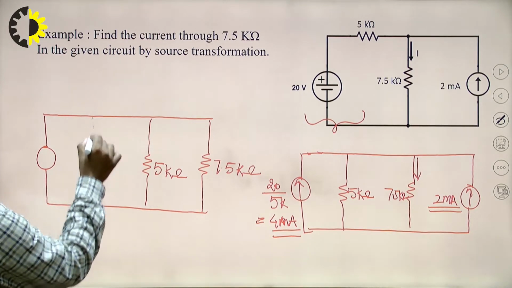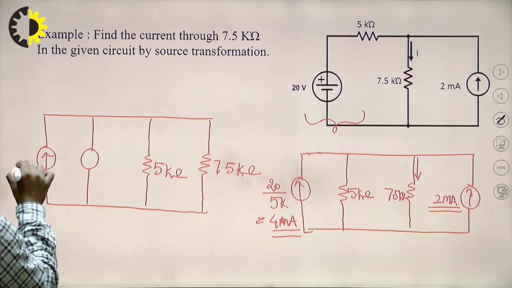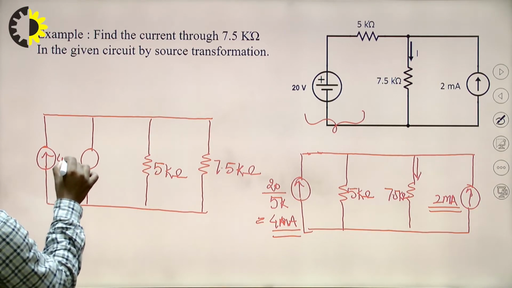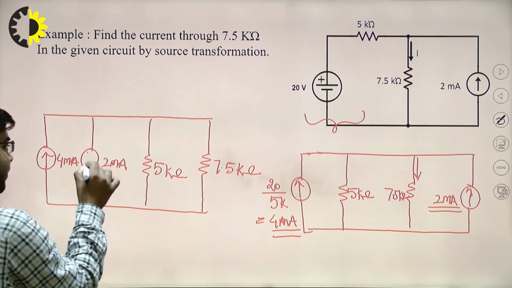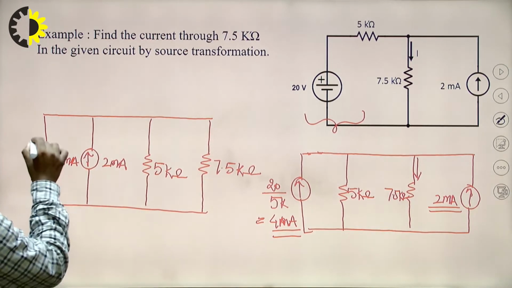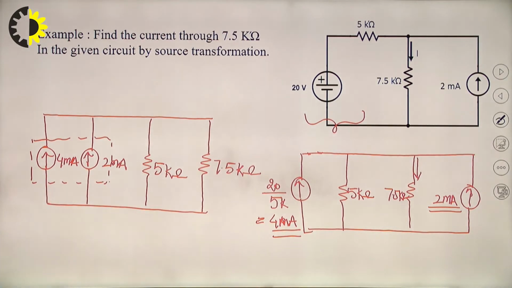Okay, now see, this is 4 milliampere current and this is 2 milliampere current. Both are in the same direction, so you can combine these two currents, so the equivalent will be 6 milliampere.